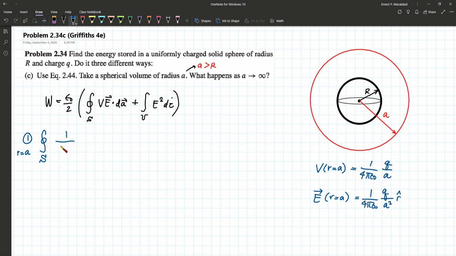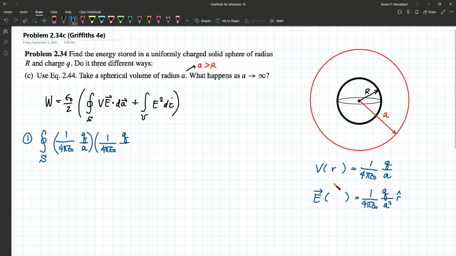So this is 1 over 4 pi epsilon naught Q over A times 1 over 4 pi epsilon naught Q over A squared.